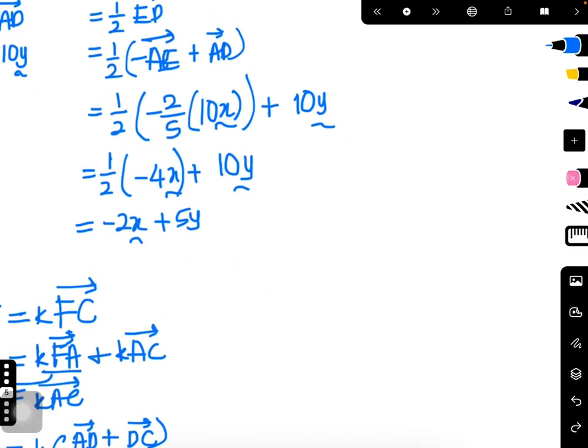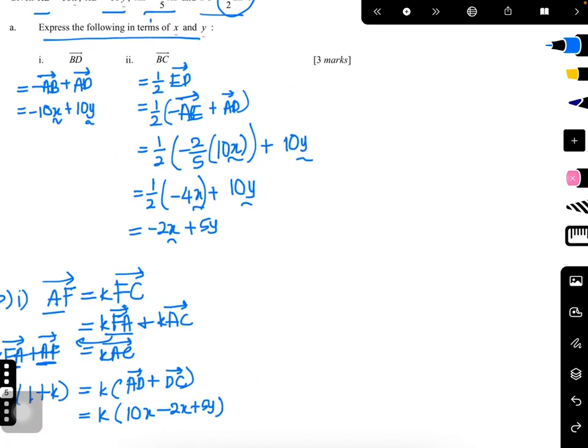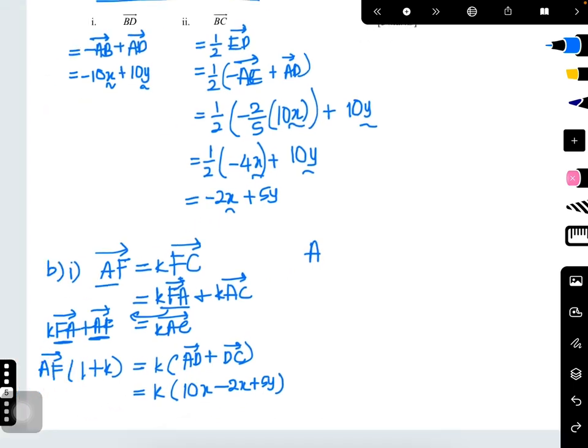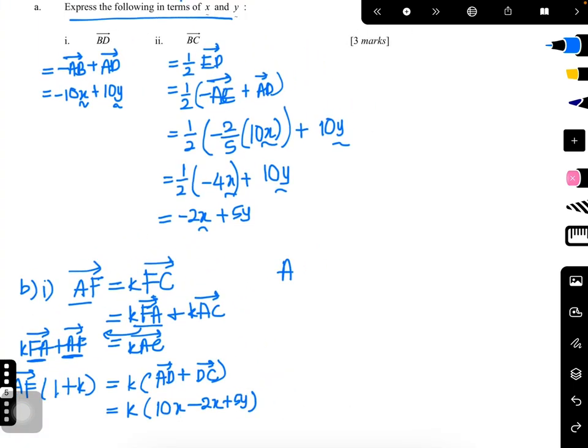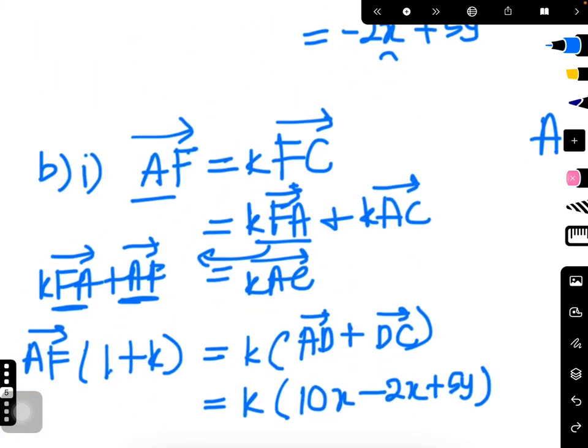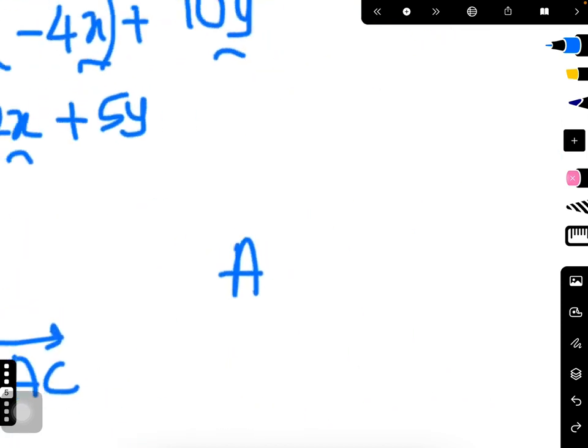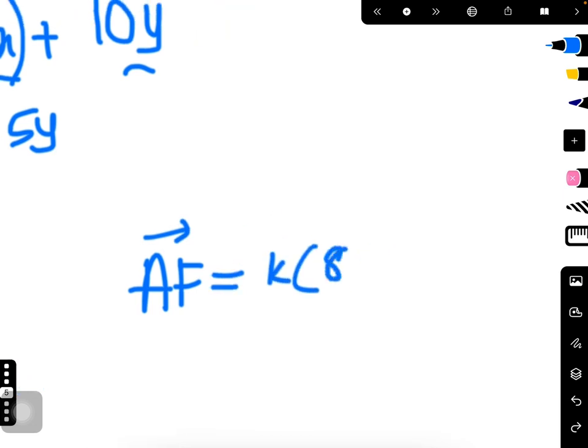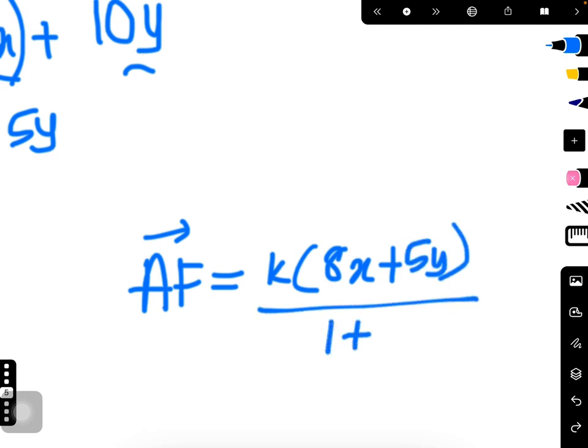So I will continue here. We will get that this is the multiplication, so we can move it to the other side by dividing it. So we get that K, 8x plus 5y divided by 1 plus K.